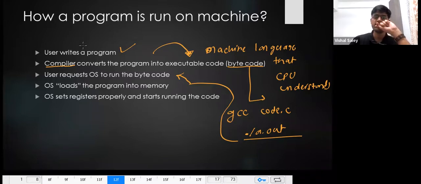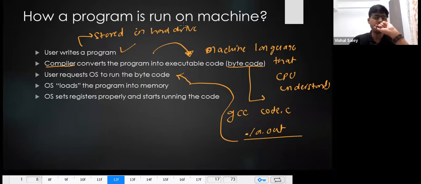Only then you run some other program, a compiler, which converts your program into this bytecode, and then you request the operating system to run this bytecode, which is ./a.out. I hope this is understood.